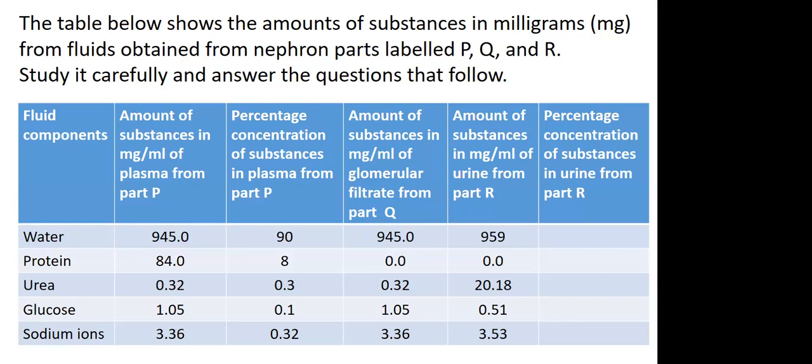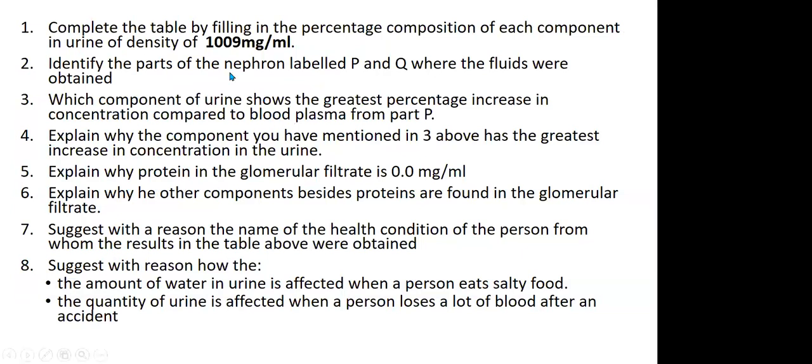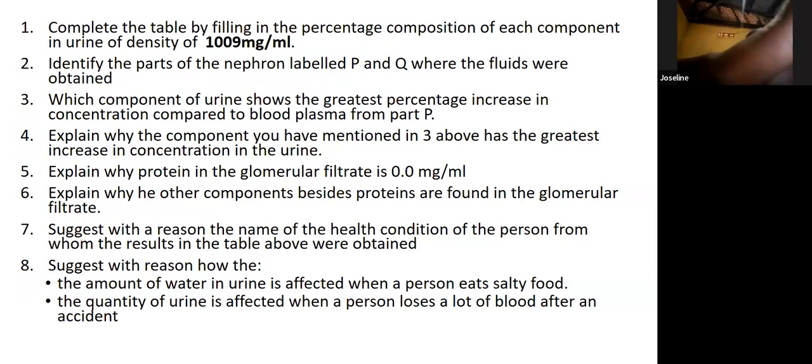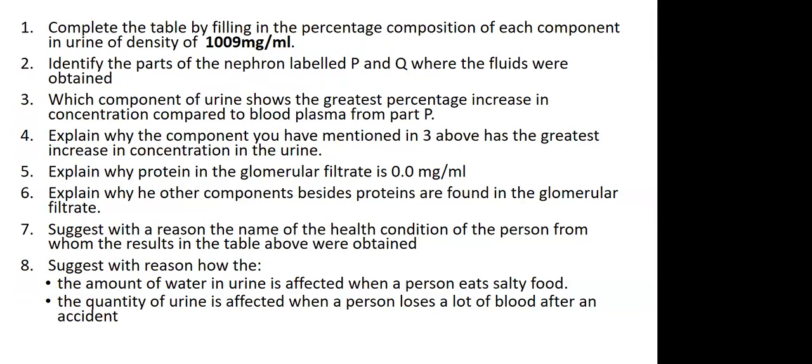In other words, what is part P, what's part Q, and part R? Because they're asking us in question 2, identify the parts of the nephron labeled by P, Q, and R. Actually, I missed the R here. It's supposed to be P, Q, and R. So what parts are those from which we took this?